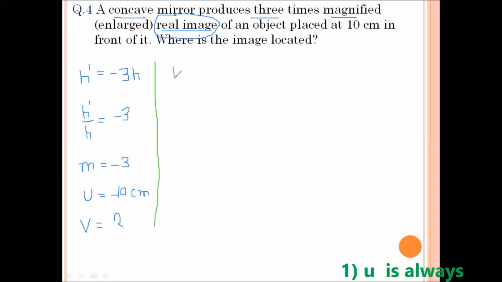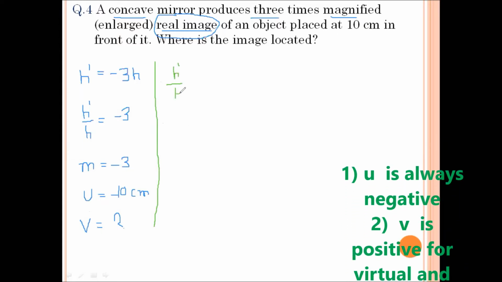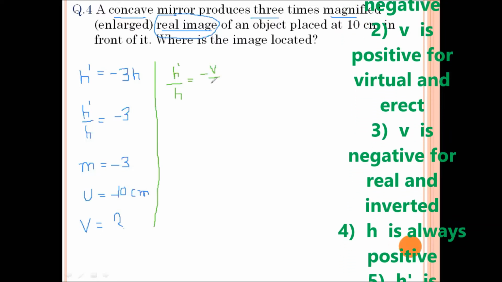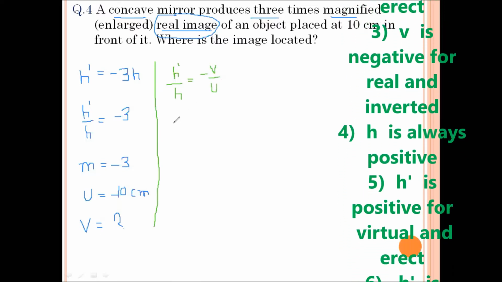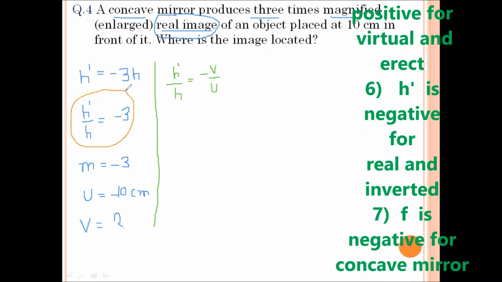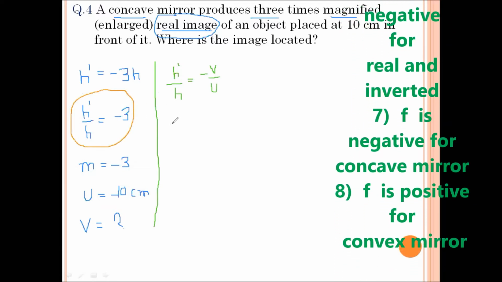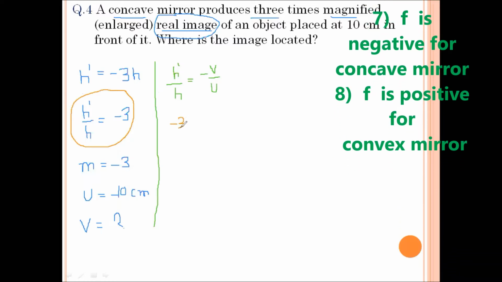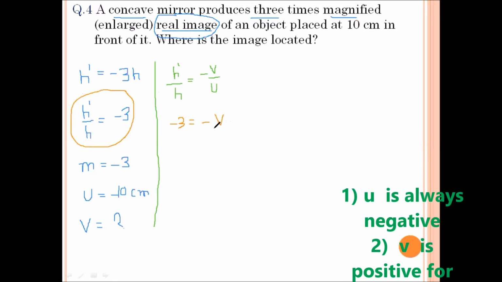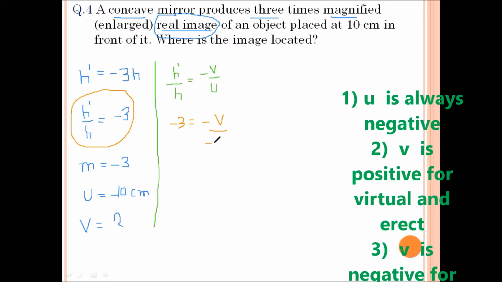On applying the relation h dash by h is equal to minus v by u, we can calculate the image distance. h dash by h is given as minus 3, so we can replace h dash by h with minus 3, which is equal to minus v by u, and u is given as minus 10.